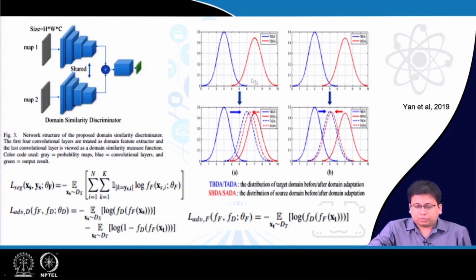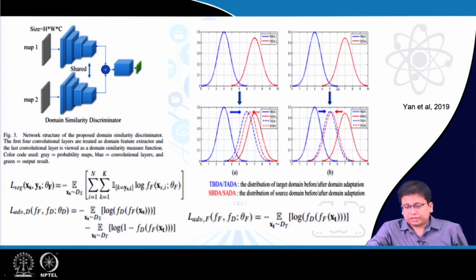Now one way we can do is just shift the source domain to the target domain, as we had been trying to do in the previous approaches such as Coral. This is shown here: the distribution is preserved, but it is translated closer to the target distribution.